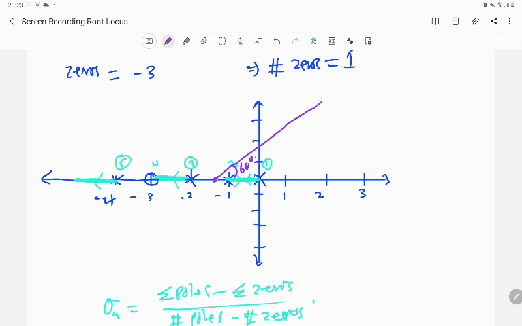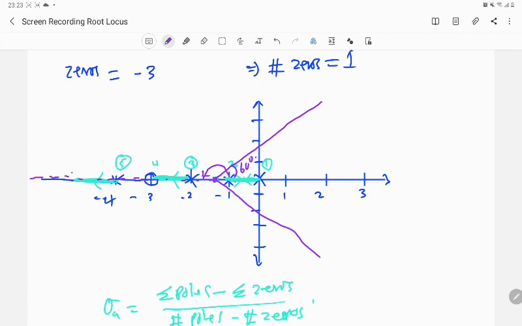The angle for the second is 180 degrees. Usually we don't draw this so that it doesn't interfere, but it's extending from here, and so that is 180 degrees as the angle. And then the third one is 300 degrees.